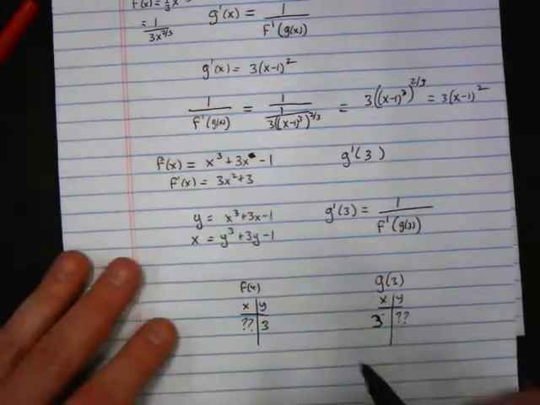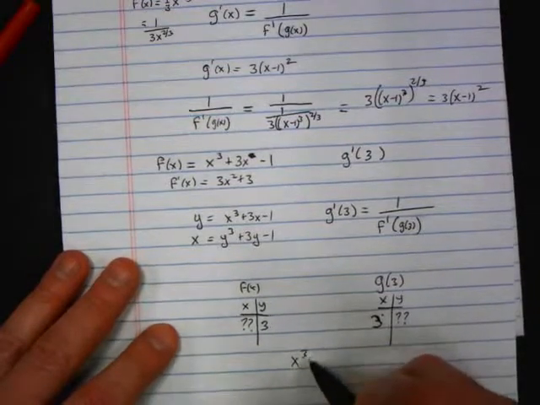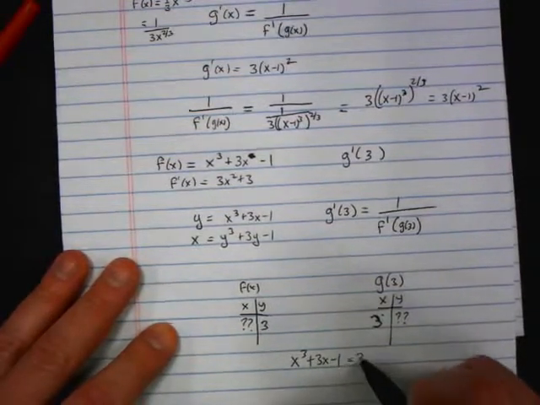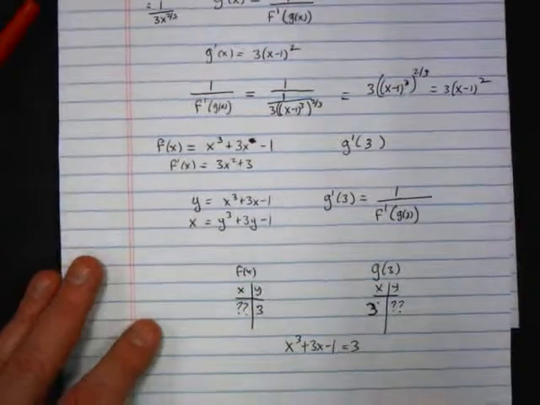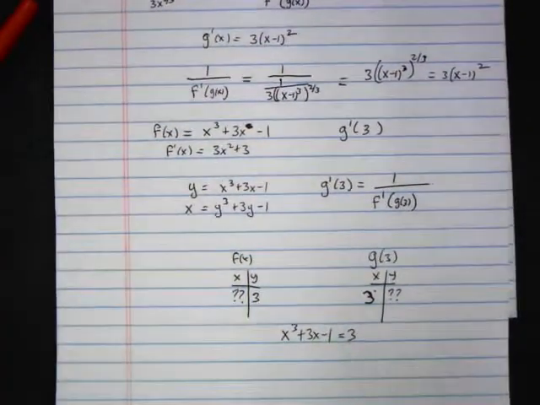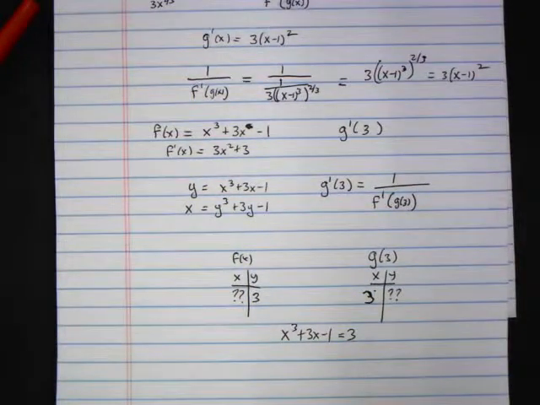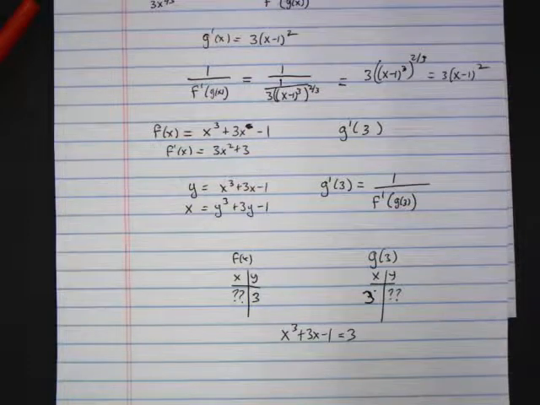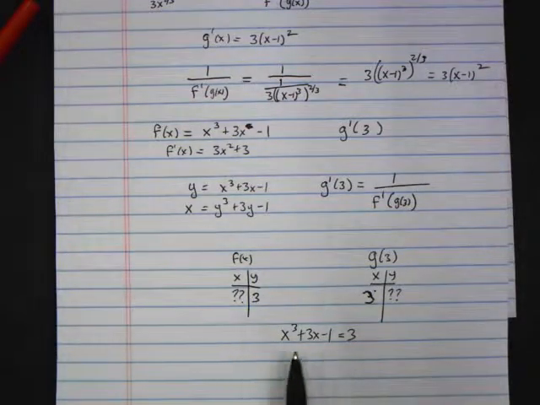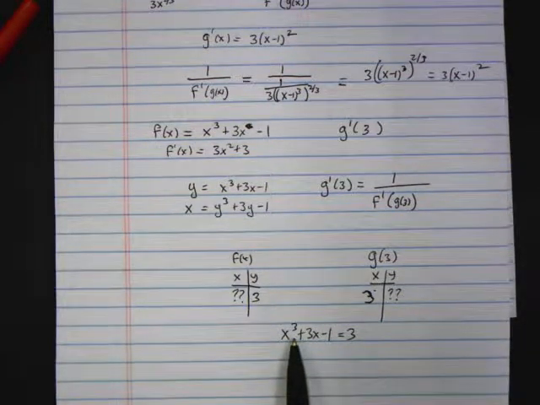So I need x cubed plus 3x minus 1 equals 3. I need to solve that equation. And I can think of 3 ways that you could solve that equation. Number 1, look up that cubic formula that I don't know and use the cubic formula.